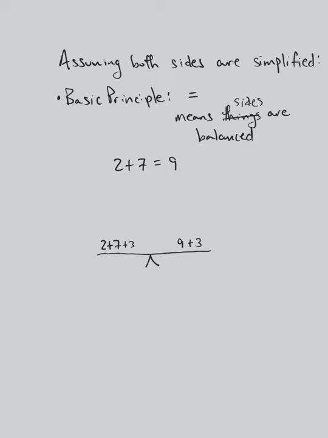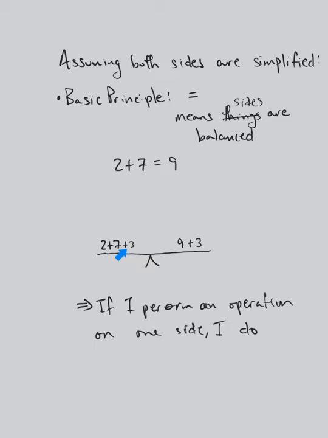So the basic principle I'm trying to get at is that if I perform an operation on one side, I do the same on the other. If I wanted to keep things balanced here, I added 3 here, but I also had to add the same amount of weight over here.